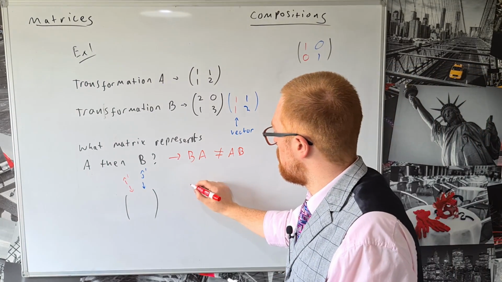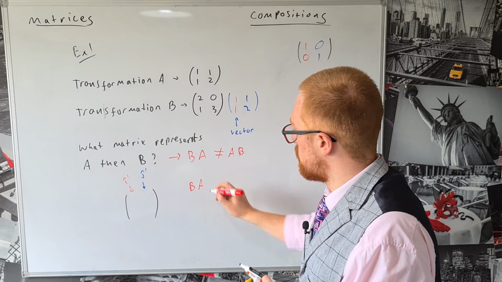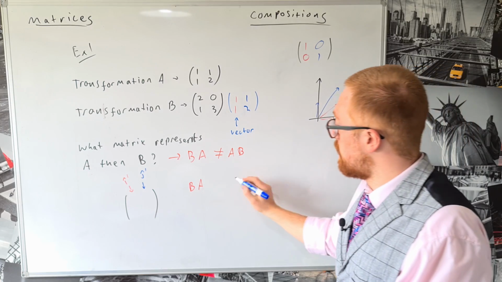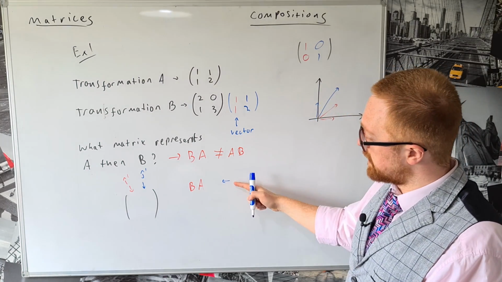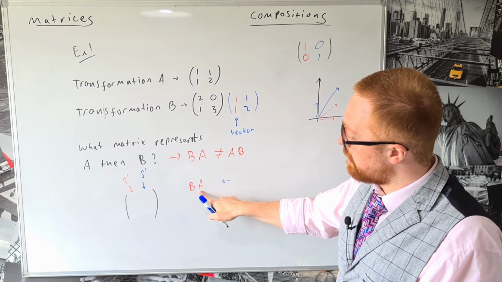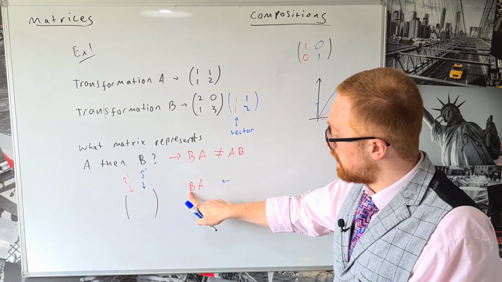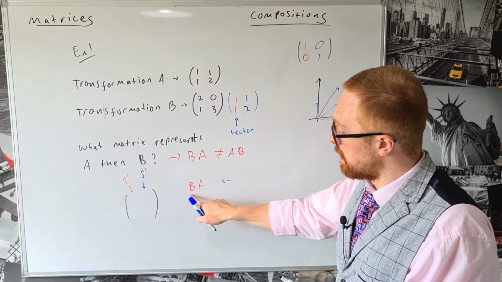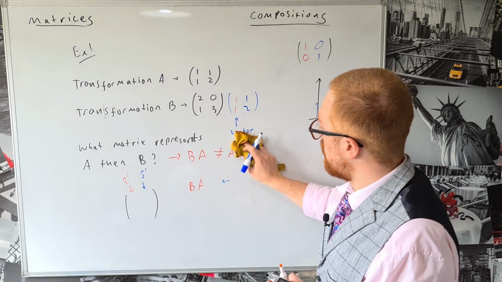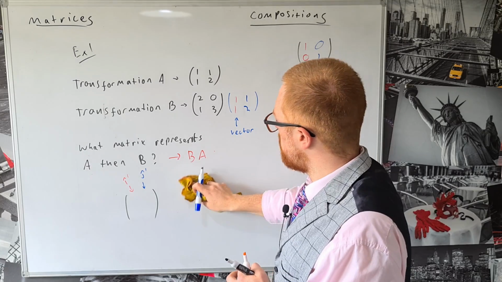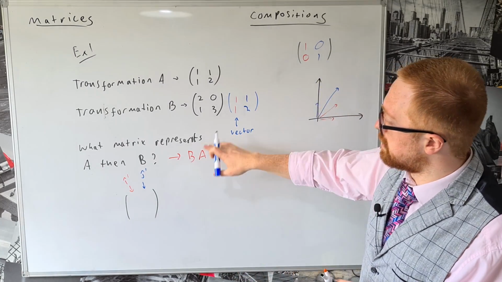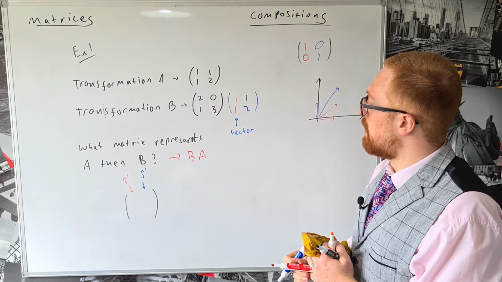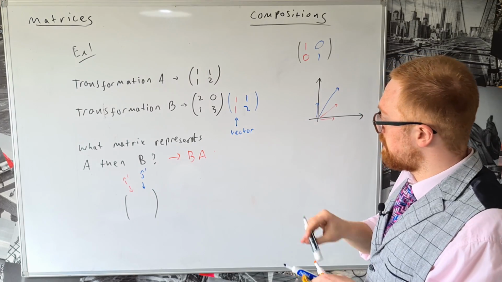If we've got BA and we apply a vector to it, the vector comes at it from this side, so if we want it to hit A first, A is on the right. Then if we want it to hit B second, that's the next thing over. So to work out this matrix, we do B times A, and that's going to give us the answer we're after.